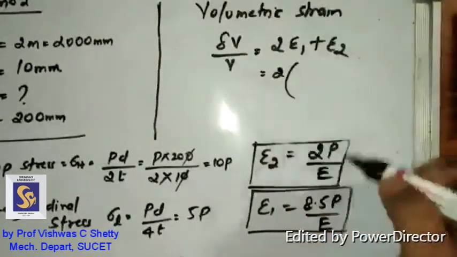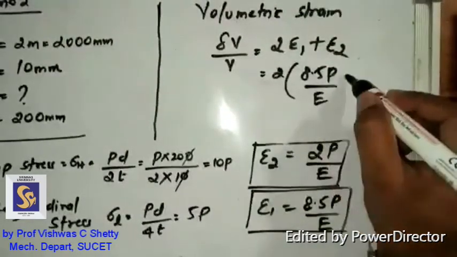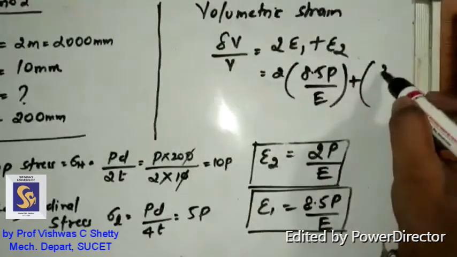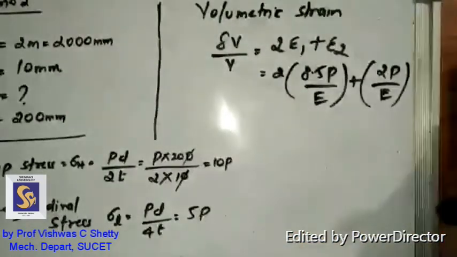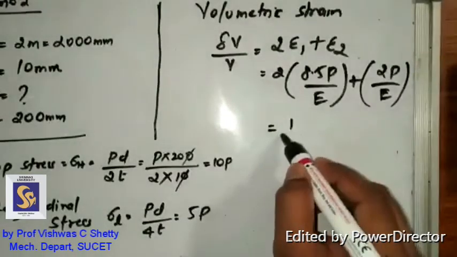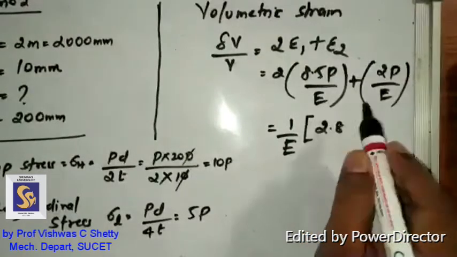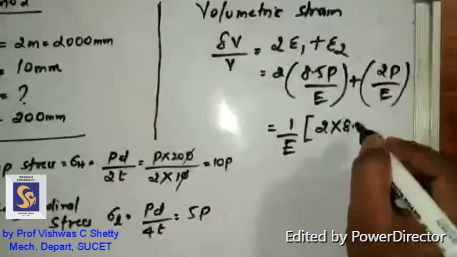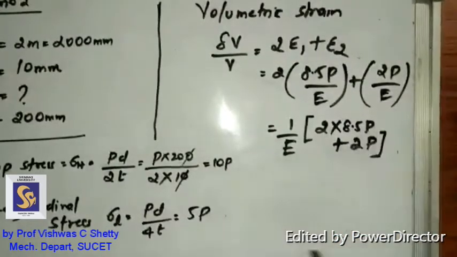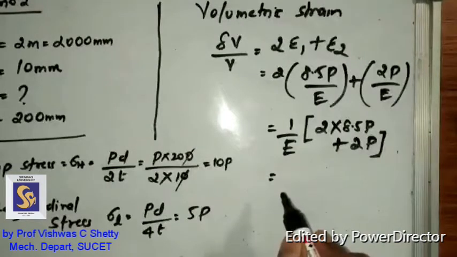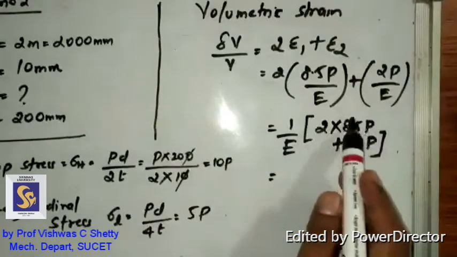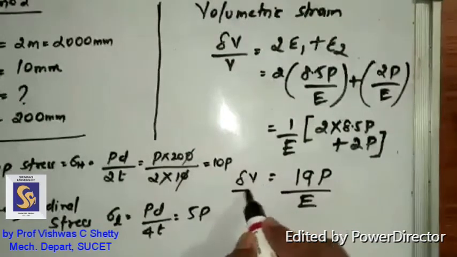So 2 into epsilon 1 is 8.5p by E plus epsilon 2 is 2p upon E. Tell me the value. 2 into 8.5p plus 2p is 19p upon E. So that is the volumetric strain.